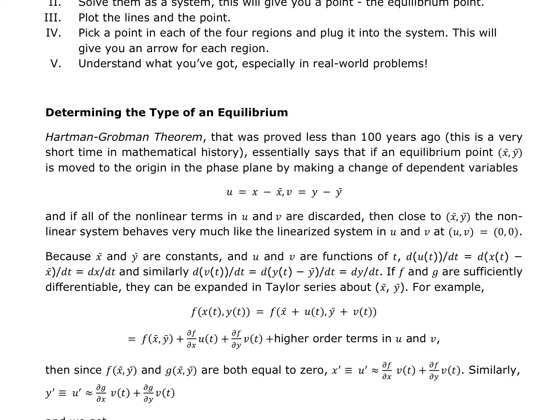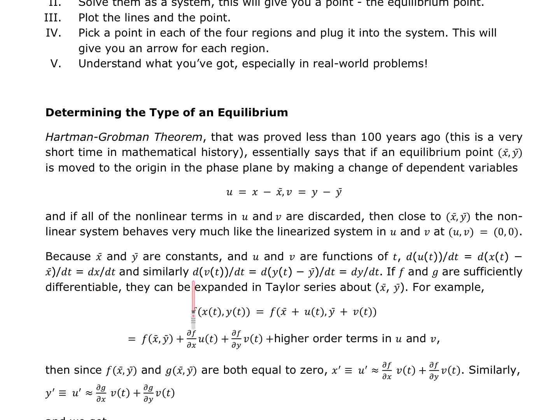And if all the nonlinear terms in u and v are discarded, then close to this equilibrium point, the nonlinear system will behave pretty much like a linear system in u and v at u and v equal to 0.